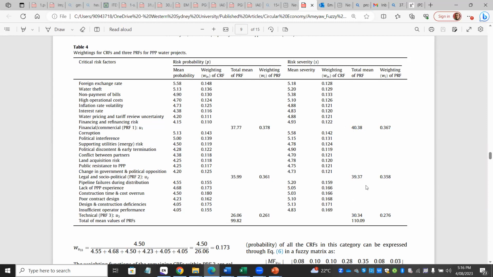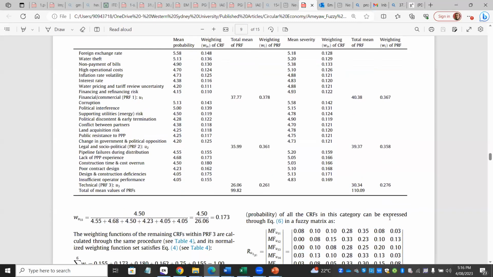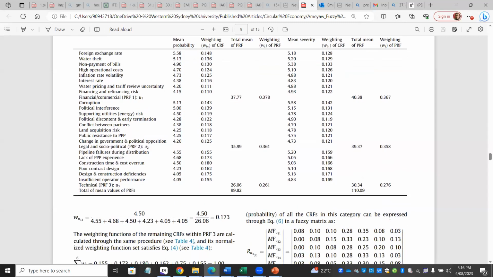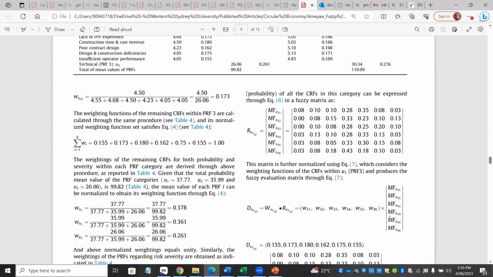So to get the weight of each of them, you take 40.38 divided by total, 39.37 divided by total, 30.34 divided by total. Understood, right? Okay, good. So we have the weighting for the individual factors and also for the group. We are good to go.